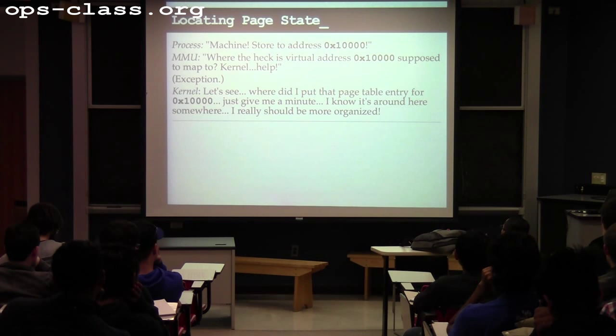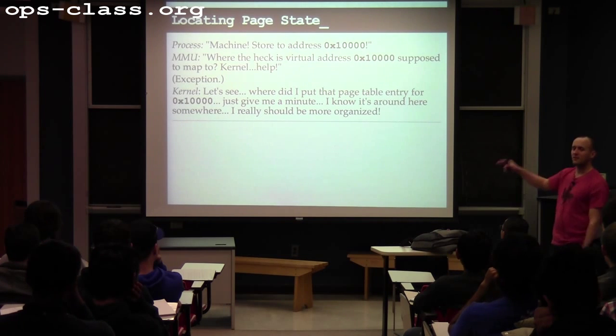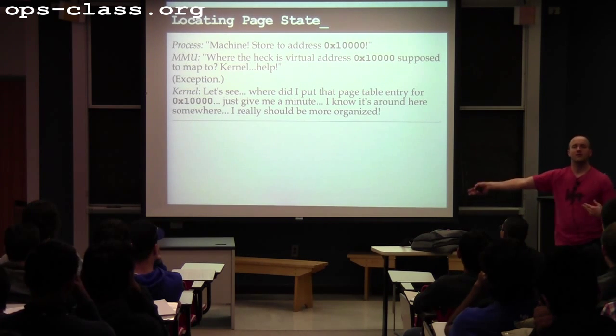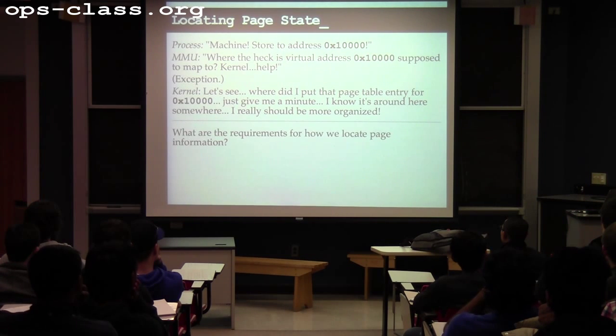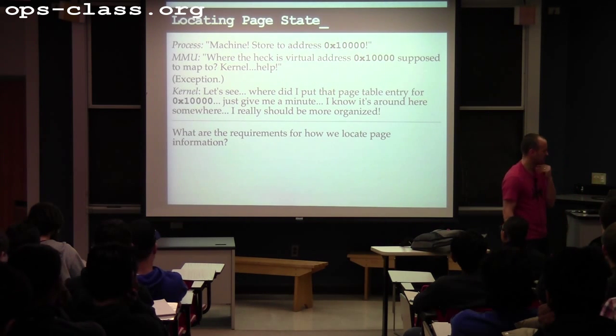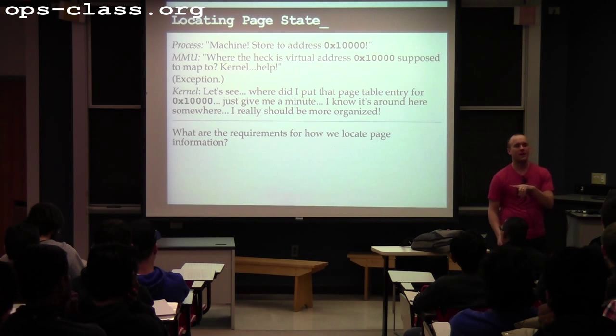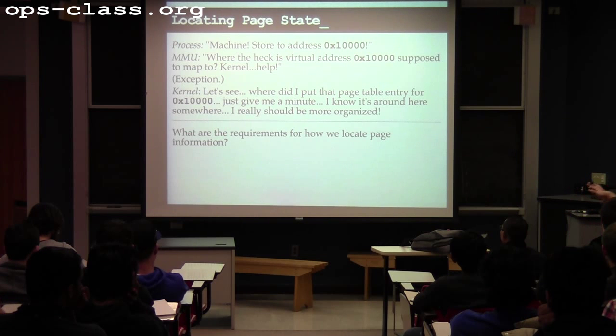And yeah, this is what we don't want to happen, right? We don't want this long delay where the kernel tries to figure out where the information about this page is. So there are really two requirements for this, and the data structures we're going to talk about today are essentially a compromise between these two things, right? They're not complicated.